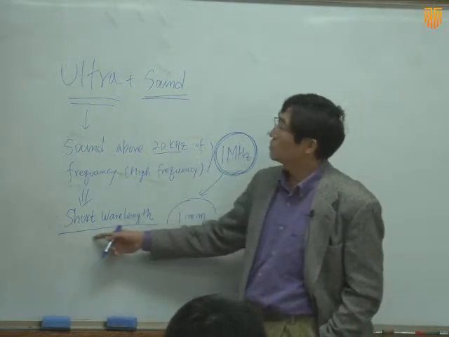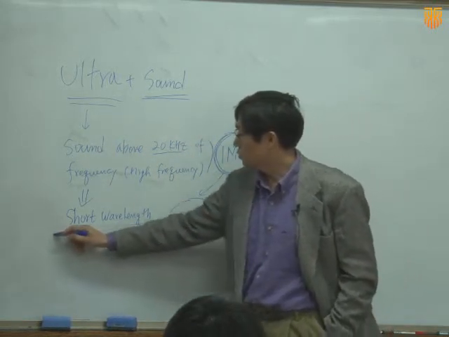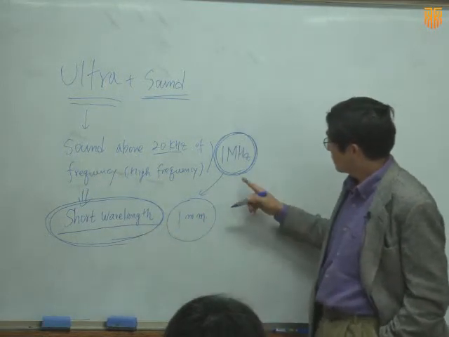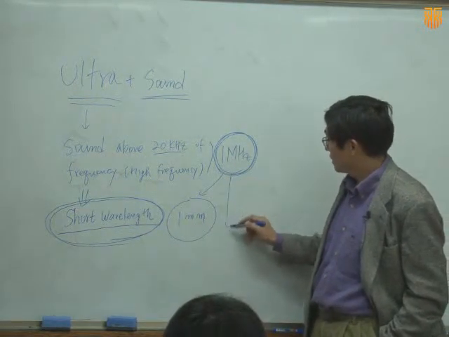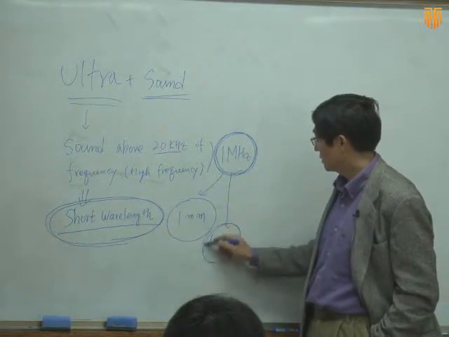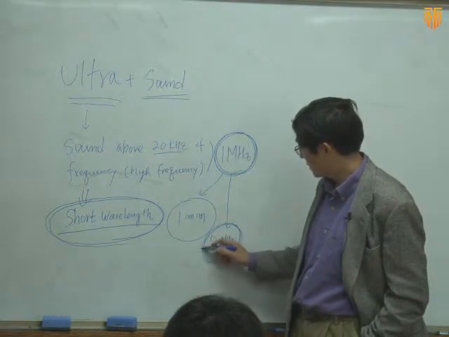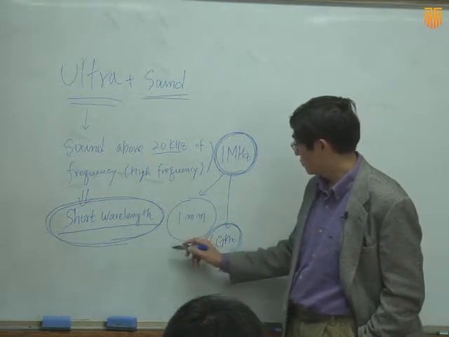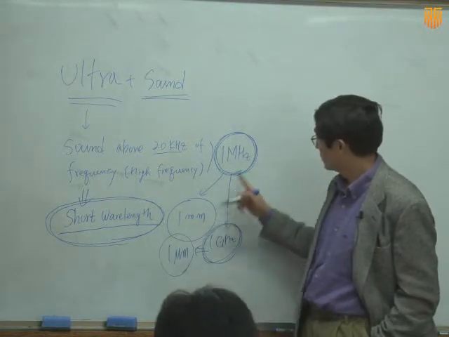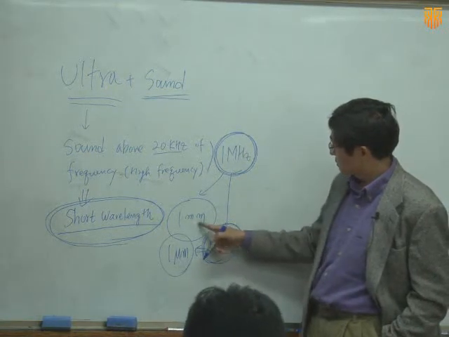But why do we use ultrasound rather than sound? Because of these short wavelengths. If you increase 1 megahertz to 1 gigahertz, sometimes we use 1 gigahertz ultrasound, then the wavelength in that case decreases to 1 micrometer, because it is 1/1000th of that wavelength.